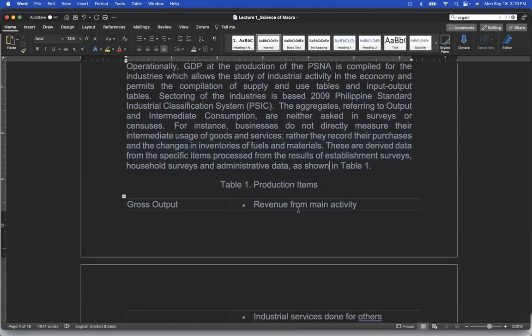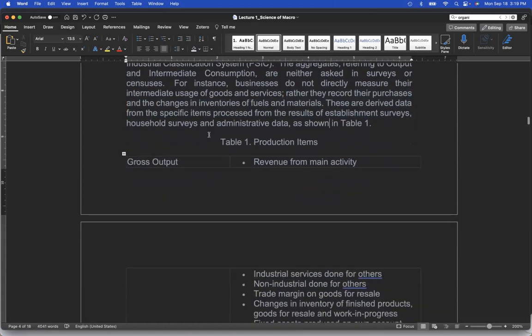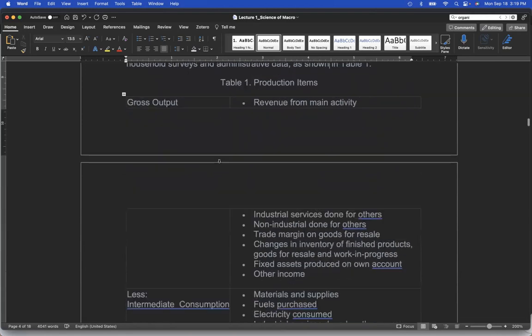So in practice, this is how they do the GVA. Right? So production items. They calculate gross output from these things, and these things are entries in the ASPBI and the CPBI. If you're aware of these surveys, then these should be quite familiar to you guys, because these are all questions that are asked in the establishment surveys.